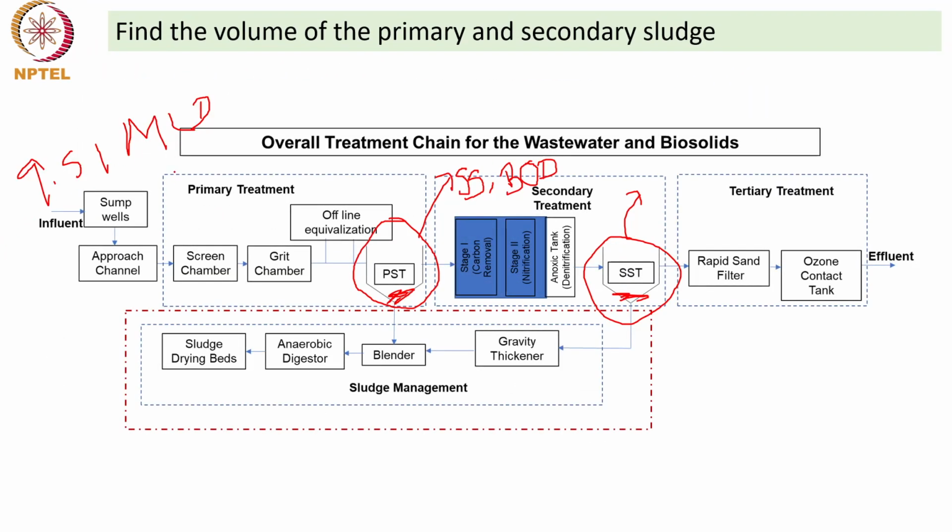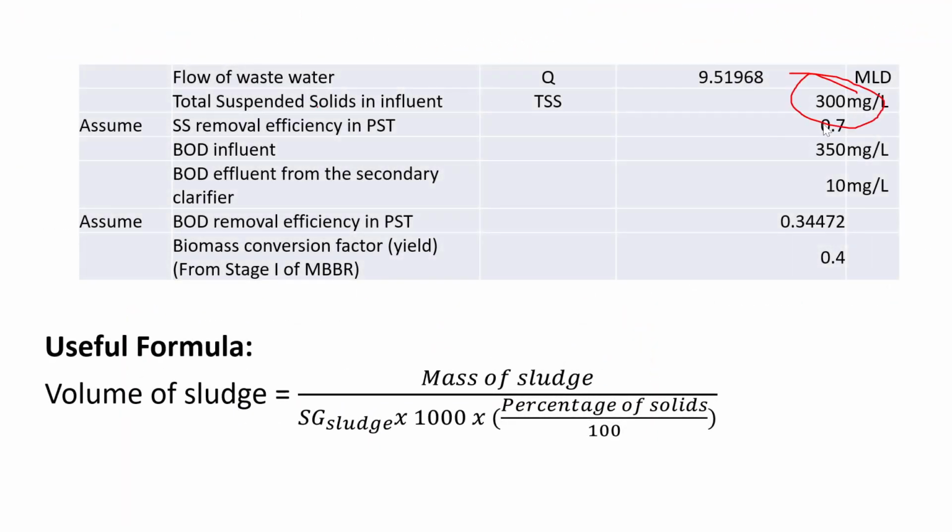The amount of suspended solids that will be removed in the primary sedimentation tank is 70%. What I told is that BOD also will be removed in the primary settling tank, and suspended solids also will be removed. Suspended solids removal in the primary settling tank is given as 70%.